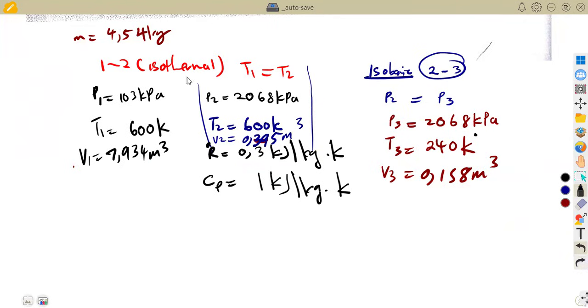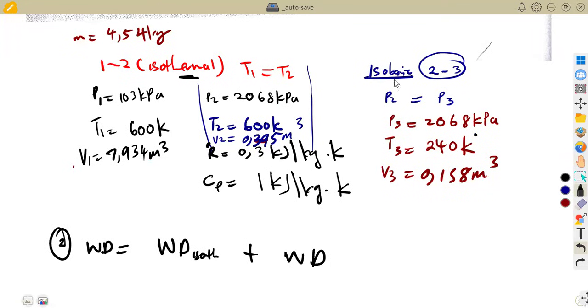We've got the first process from 1 to 2, which is the isothermal process. So the total work done is the work done for the isothermal plus the work done between stage 2 to 3 in the isobaric process.